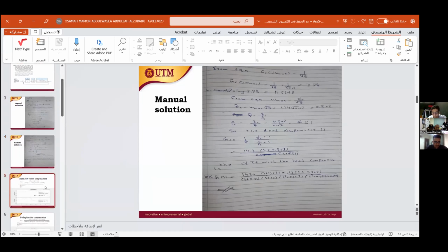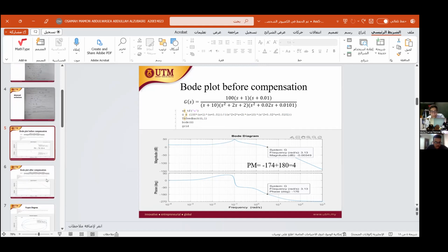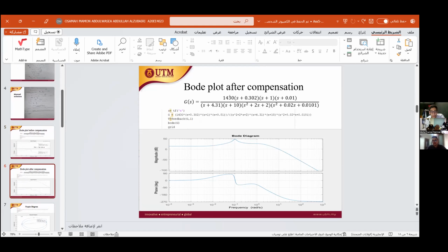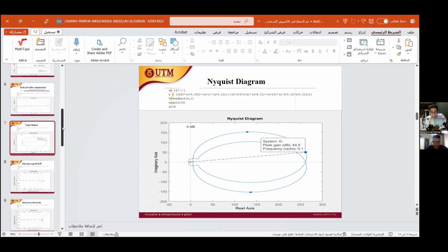Now this is the Bode plot before the lead compensator. This is the value of the phase margin at 3.313, equal to 4 degrees, and then this is the system after the lead compensator, and this is the Nyquist diagram, from which we get the gain margin equal to 48.2.